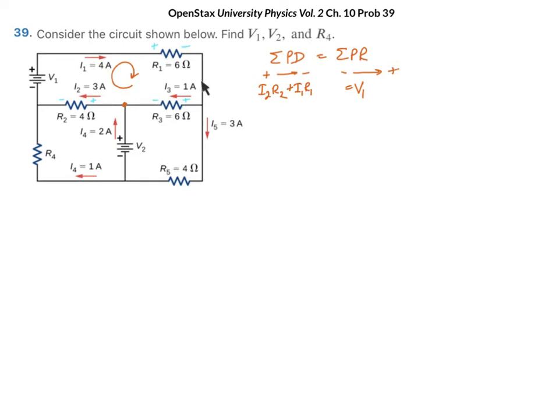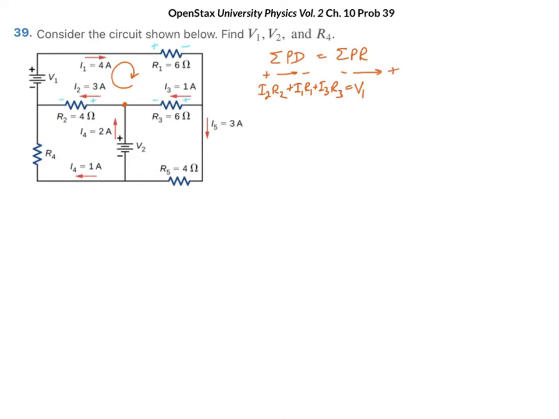And then I'm going to go through a resistor R3 with current I3, again from high to low. So that's another drop. So that will be I3, R3. And we're done with the loop. We made it all the way back to here. So we have 1, 2, 3, 4 parts to our equation.